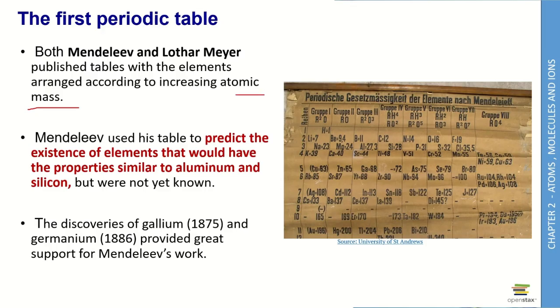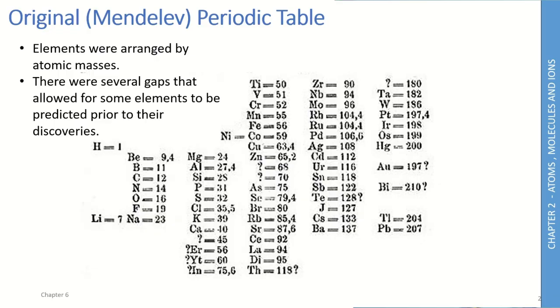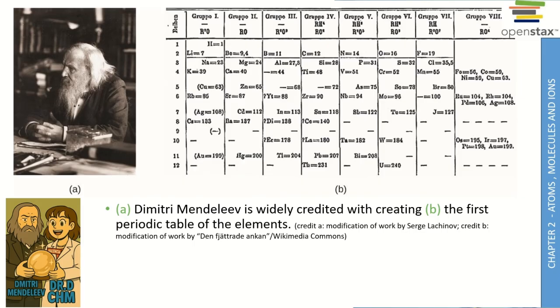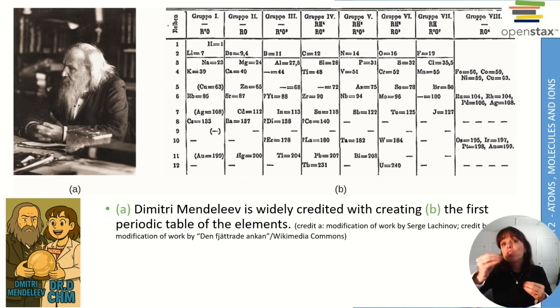Okay, but Mendeleev left some empty spaces, like you can see over here. But he predicted the properties of those elements that were actually discovered years later. So he used his table to predict the existence of elements that would have properties similar to aluminum and silicon, but were not yet known.